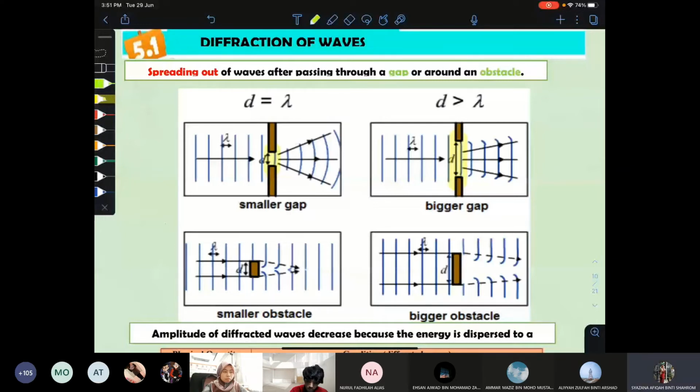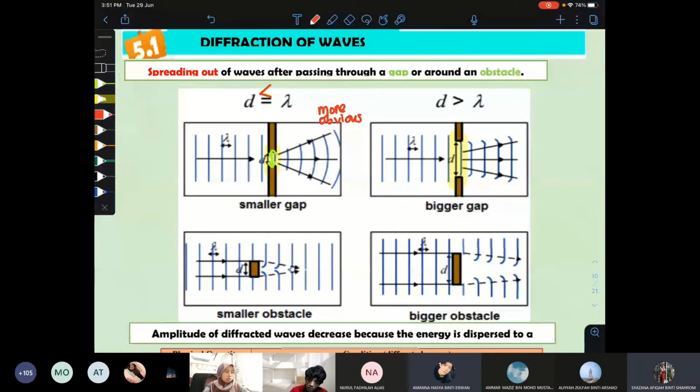Okay, so this is the wave. If the gap is equal to or less than the wavelength, you will have more obvious diffraction.